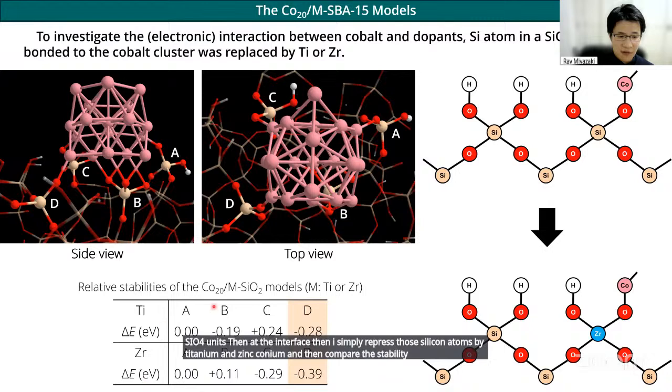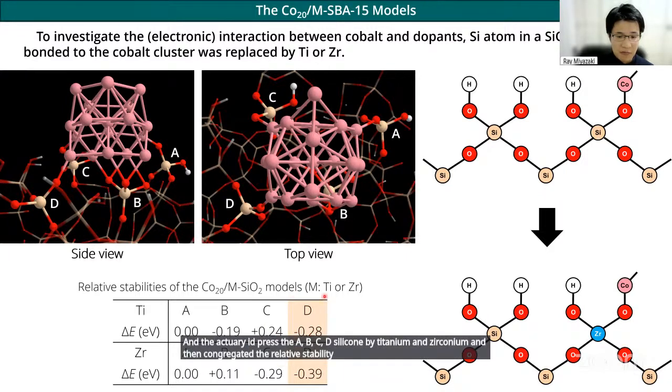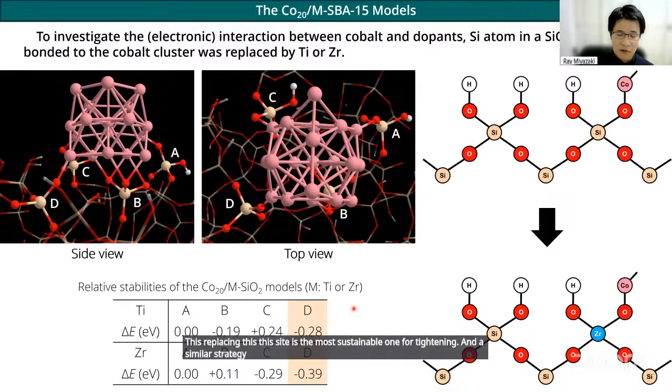Here is the result. I replaced the A, B, C, D silicon with titanium and zirconium, and calculated the relative stability. Based on this calculation, replacing the D site is the most stable for titanium and zirconium. A similar strategy was adopted for aluminum, calcium, and magnesium. Then we can decide where to put these additive metals onto the silica.